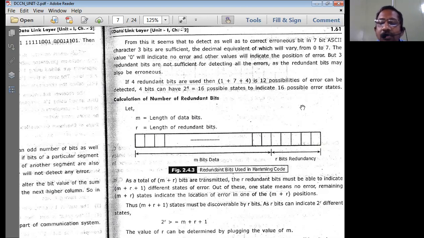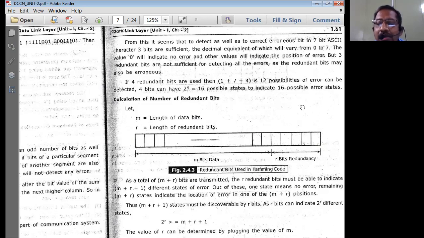If we take 4, 2 power 4 means 16. Now how many bits are forming here? That is, m is 7 and r is 4. So 7 plus 4 is 11 bits, plus 1 for the zero order.